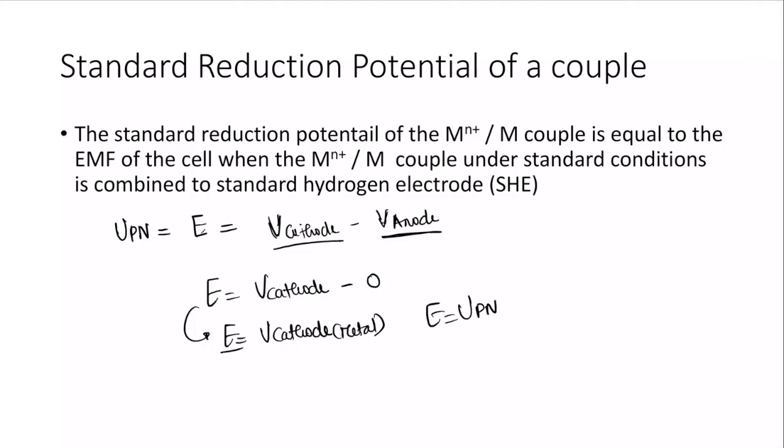Okay, so here in this case we designate that E becomes E node for the metal M^n+/M, the reduction potential. The standard reduction potential of the metal, when it's connected to the SHE, which is the standard hydrogen electrode, we designate this way.